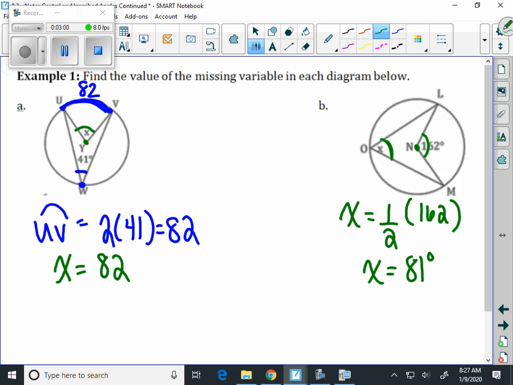It has its vertex at the center. And here is our intercepted arc, which means that this value is 162. And then it's the measure of this angle. The measure of angle X is half as big as 162. I don't remember that property, honestly.